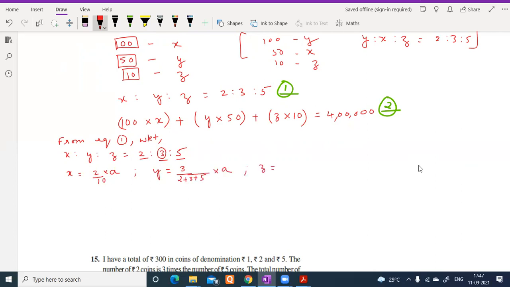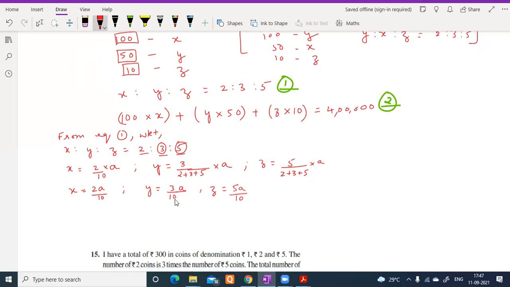Z equals, what is it related to z? That is 5 divided by 2 plus 3 plus 5 into a. Okay, which is nothing but 2a by 10 in this case. Y equals 3 by 10 into a. Z is 5a by 10. Don't simplify this. I'll tell you the reason later. Don't simplify this as of now.